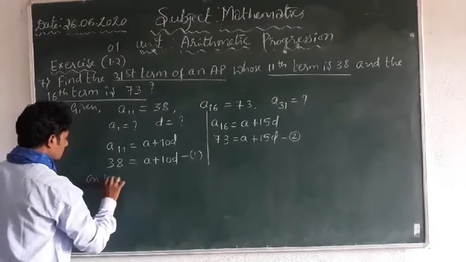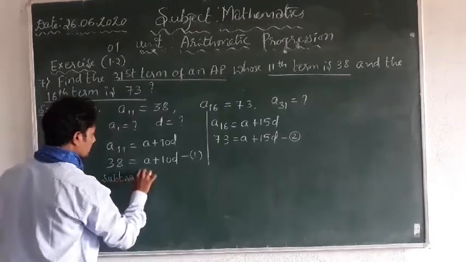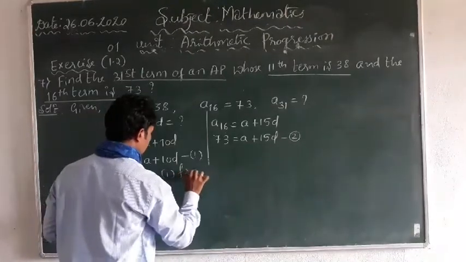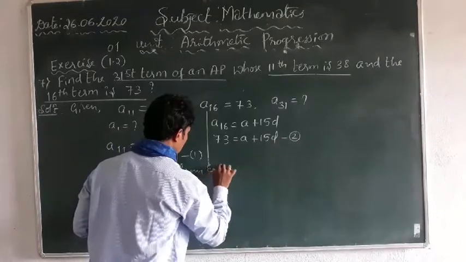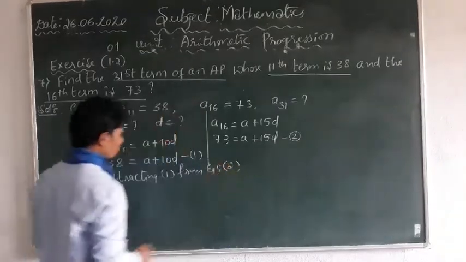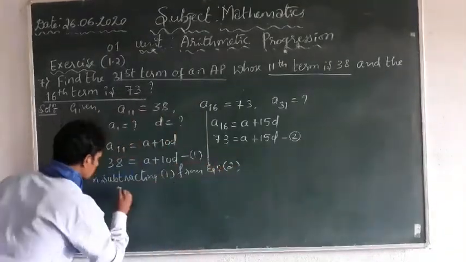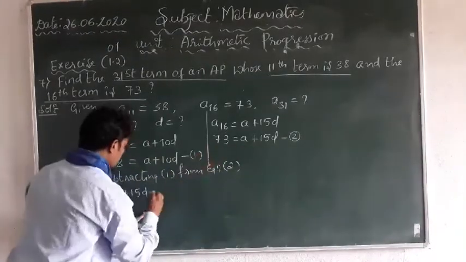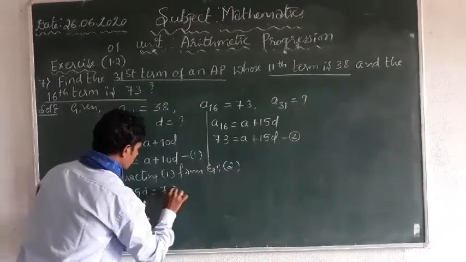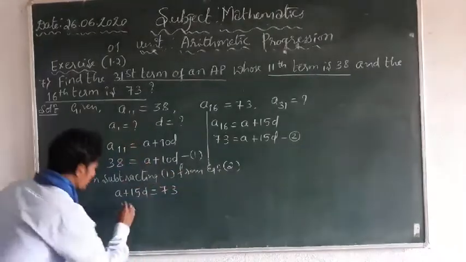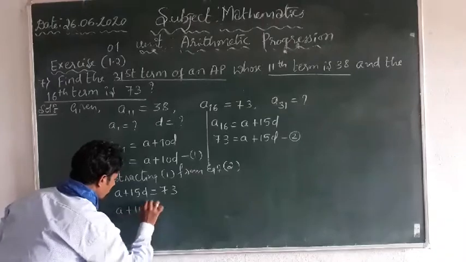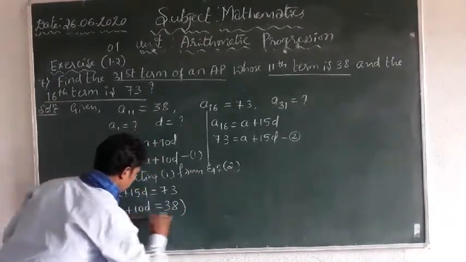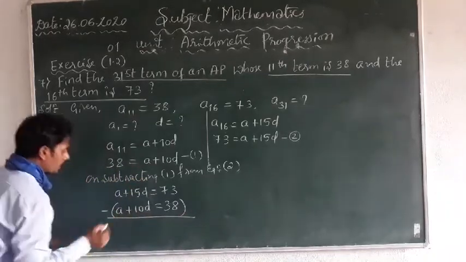On subtracting equation 1 from equation 2: a plus 15d is equal to 73, a plus 10d is equal to 38. Put the minus sign here.